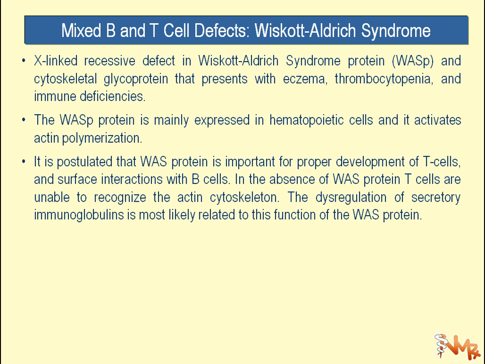It is postulated that WAS protein is important for proper development of T cells and surface interactions with B cells. In the absence of this protein, T cells are unable to recognize the actin cytoskeleton. The dysregulation of secretory immunoglobulins is most likely related to this particular function of the WAS protein.